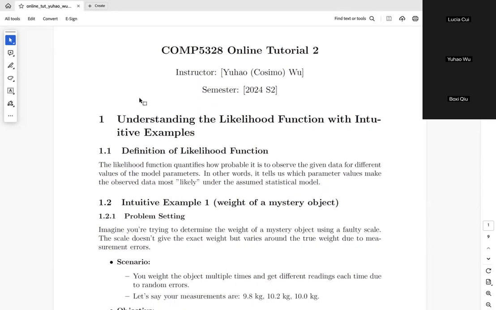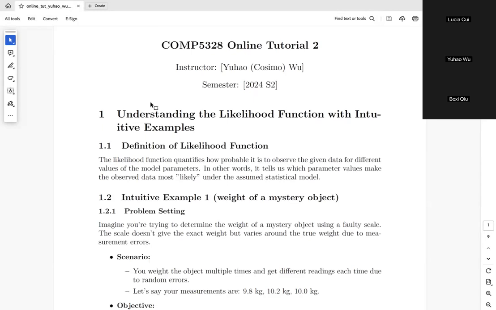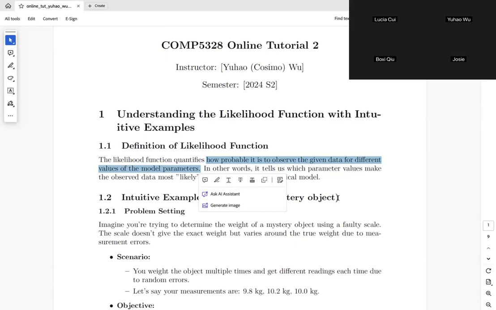The first thing is the maximum likelihood function. Before we go into it, we want to know what a likelihood function is. We have a very clear definition. The likelihood function quantifies how probable it is to observe the given data for different values of the model parameters. There are three important things: probability, the observed given data, like some training data or observed samples, and the model parameters.